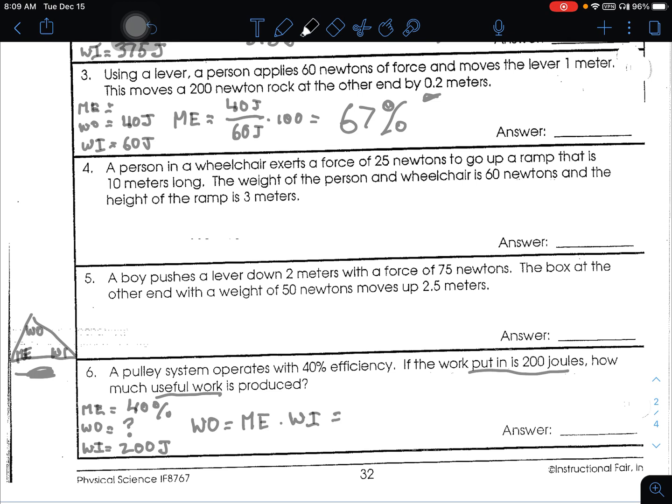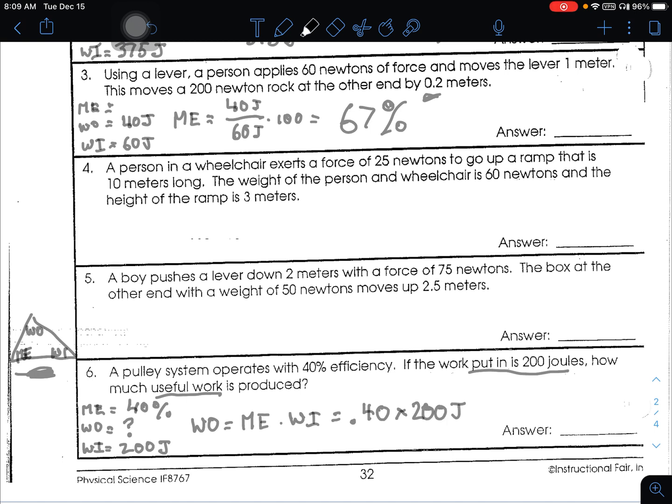So let's plug in these numbers. 40%, when I plug it into my problem, is actually expressed as 40 hundredths. 40% is a number compared to 100. So 0.40, 40 hundredths represents 40%. I'm going to multiply that times 200 joules.